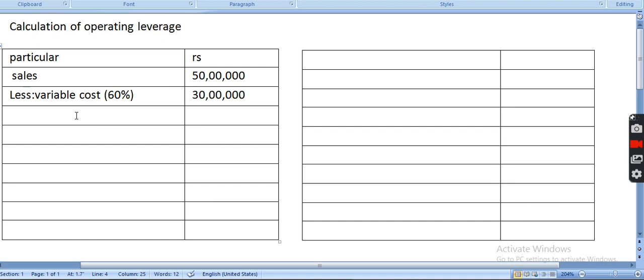Sales minus variable cost, then you will get contribution: 50 lakhs minus 30 lakhs. Then less fixed cost.